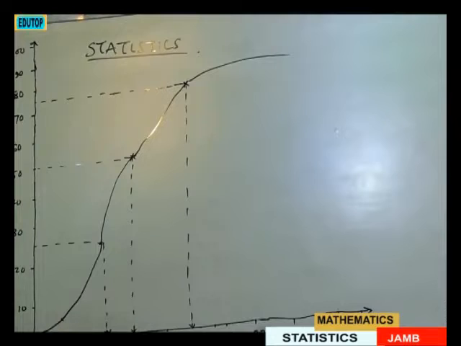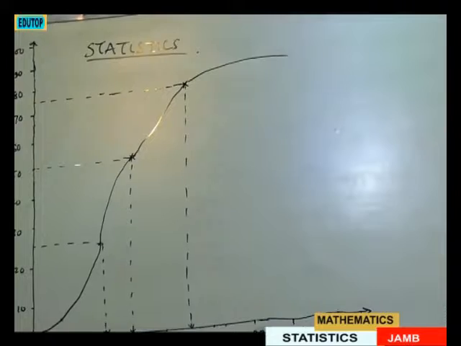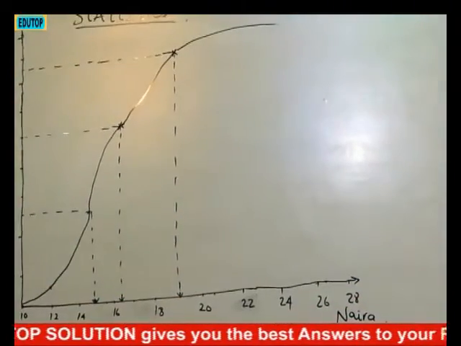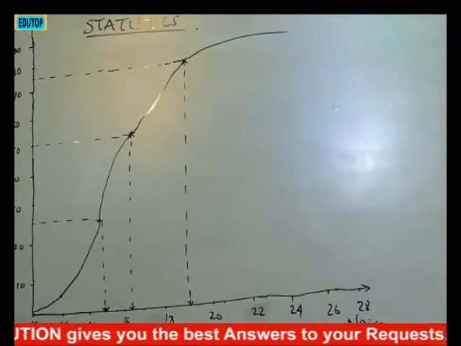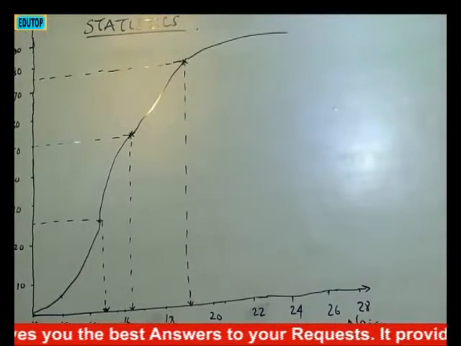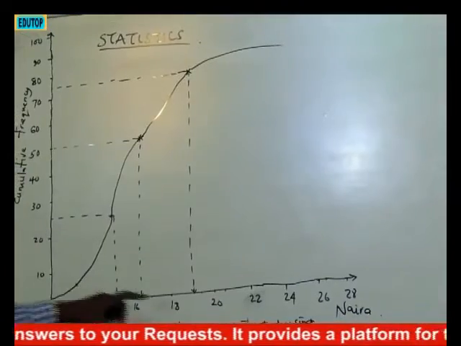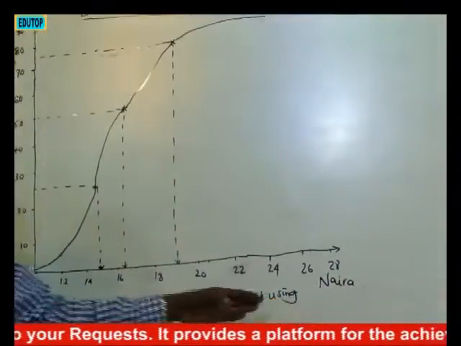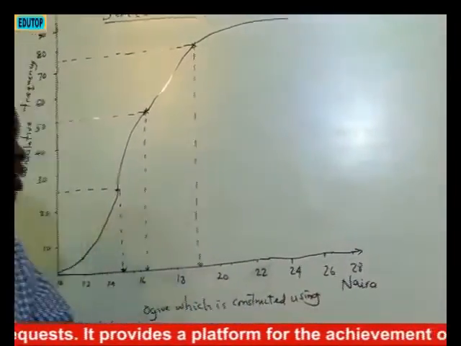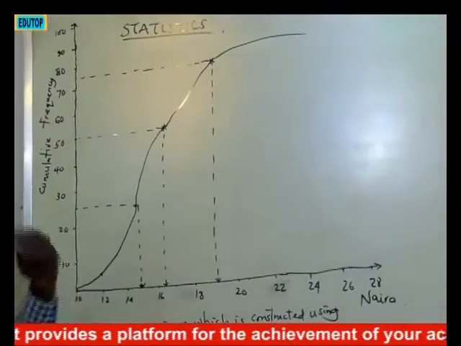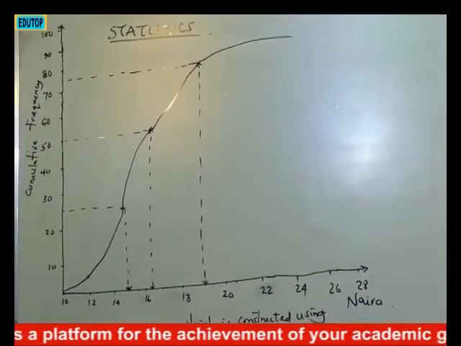This is an example of an OGIF that I talked about initially, where I said if you are to construct an OGIF, one puts into consideration cumulative frequency and the other parameter, which in this case could be naira, marks, scores, or anything.